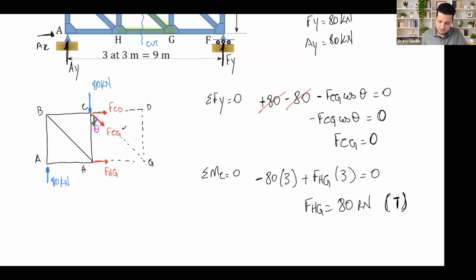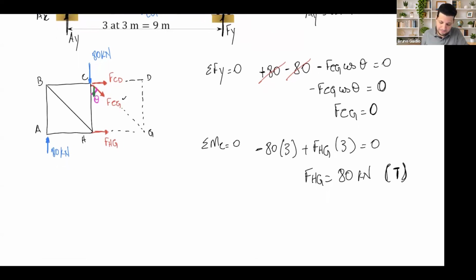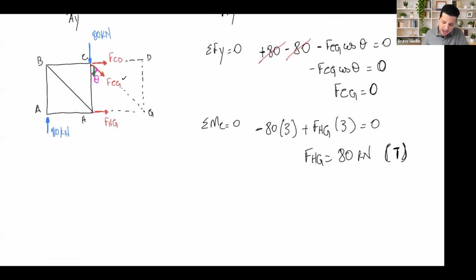Now with that, I can do the sum of the force in X. Because I have FCD. FCG is 0, so no. Plus FHG.